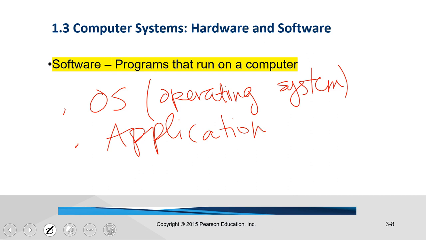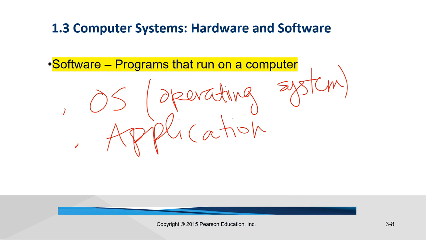Operating system software is a set of programs that manages the computer's hardware devices and controls their processes. Some examples of operating systems are Mac OS and Windows, also Linux and Unix.